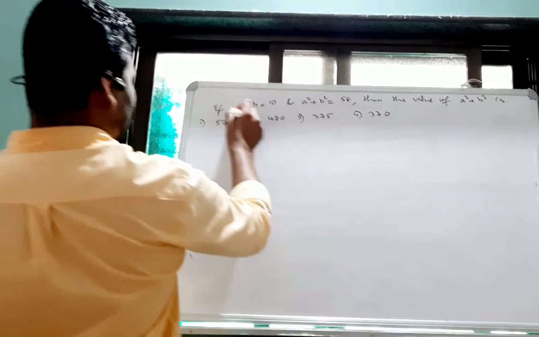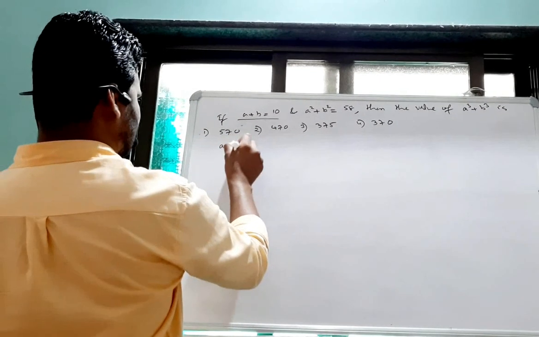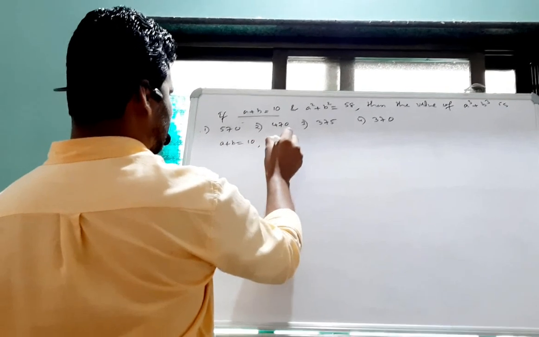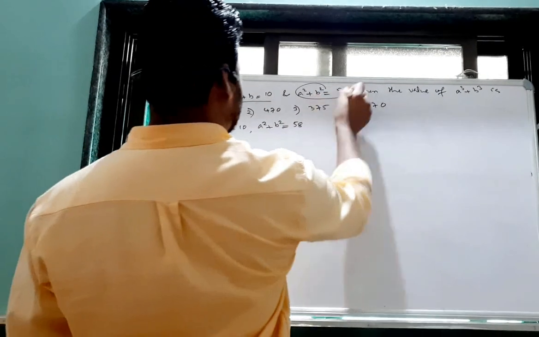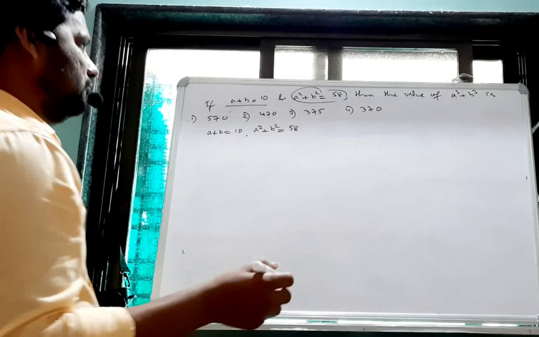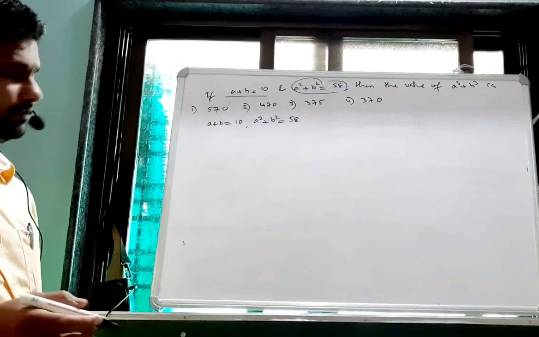Here a plus b is given as 10, and one more given, a square plus b square is 58. These are the two given. So we want a cube plus b cube.